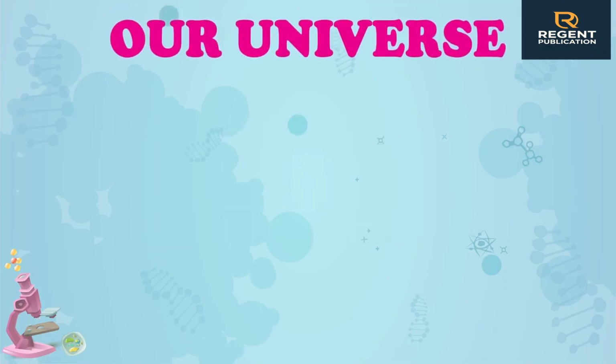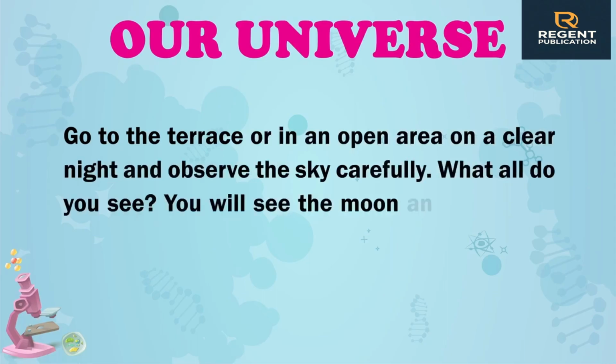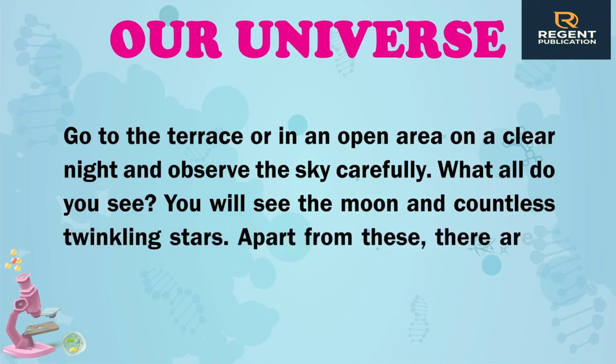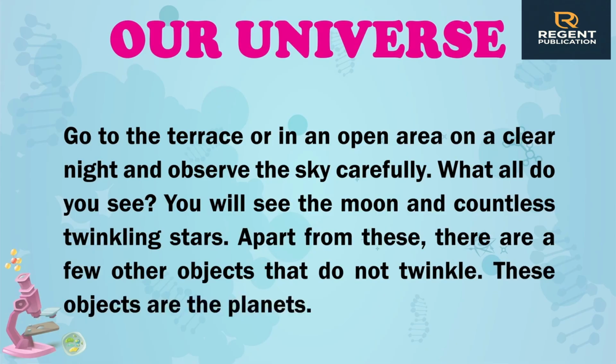Chapter 18, our universe. Go to the terrace or an open area on a clear night and observe the sky carefully. What all do you see? You will see the moon and countless twinkling stars. Apart from these, there are a few other objects that do not twinkle. These objects are the planets.